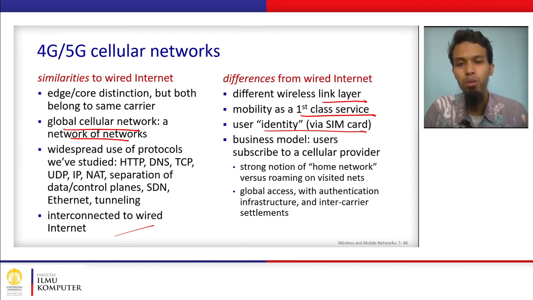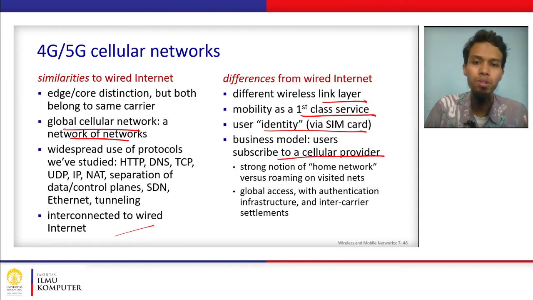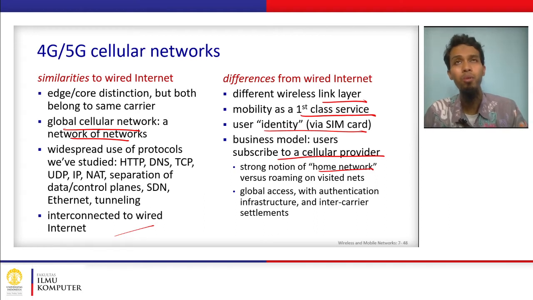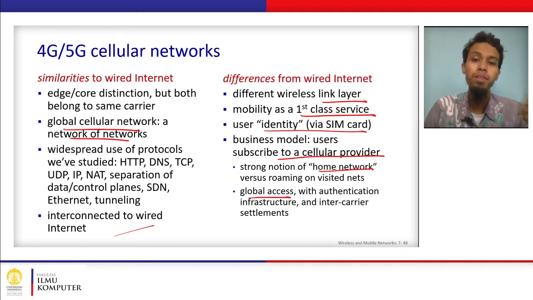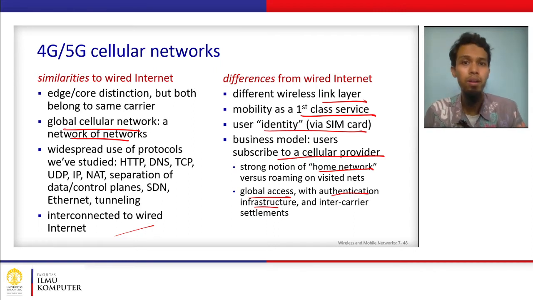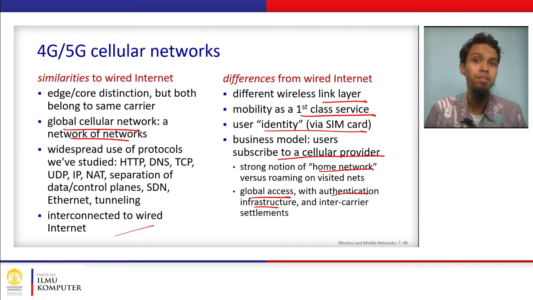The business model is that users subscribe to a cellular network, with a strong notion of a home network. We'll talk about that later, especially when we talk about mobility. And there is global access, so it needs an authentication infrastructure. Global access means, let's say we are a user of one telco operator in Indonesia and we are traveling abroad.